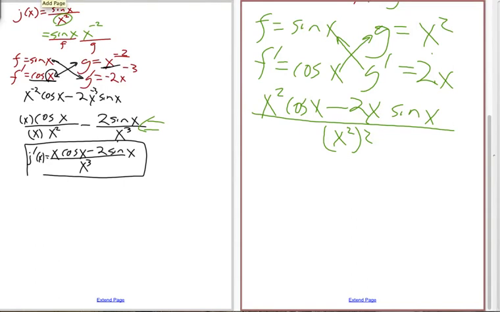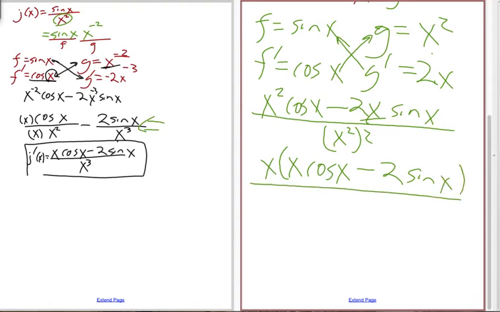All right, so let's simplify this again. I'm going to take an x out, so I'm going to have an x times x cosine of x minus 2 sine of x, divided by x squared squared, which is x to the fourth.